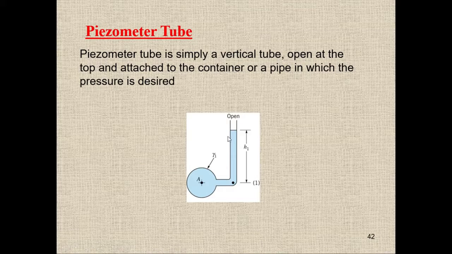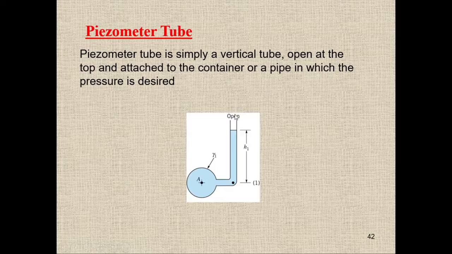We normally insert this pipe and connect it with this container or vessel. We have a liquid or fluid here. This fluid will exert a pressure, while from the open end the atmospheric pressure will act.